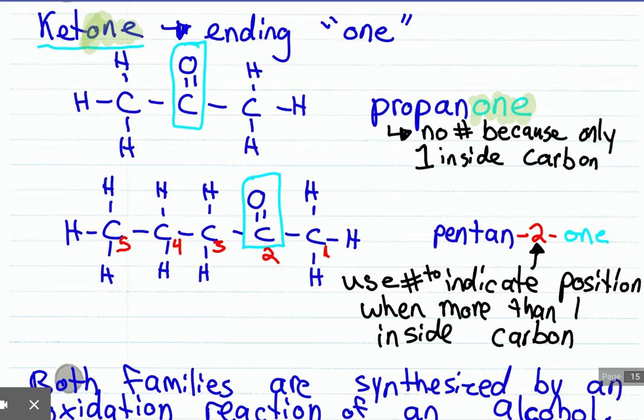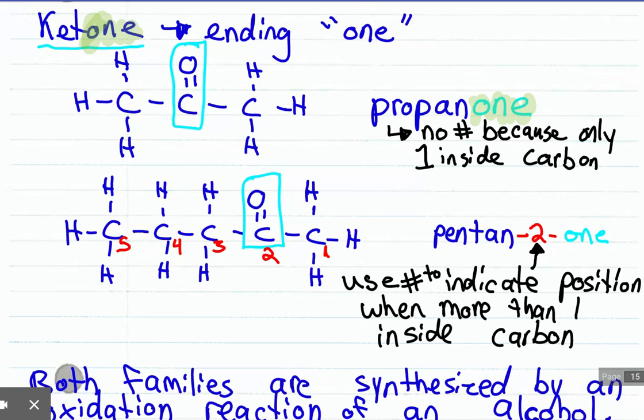So you have to indicate position of the carbonyl group with a number, just like you indicate position for everything else we've been talking about. So aldehyde does not need a number because the functional group is on an end carbon, and that's automatically carbon number 1. Ketone needs a number indicating position of the carbonyl group if there's more than one possible position.